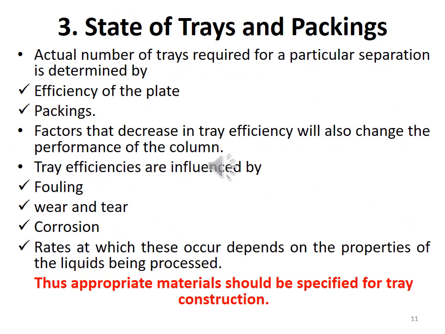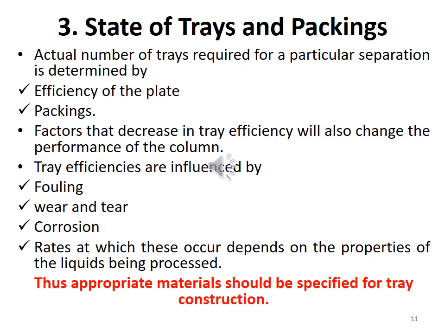State of the trays and the packing is a third parameter which affects the separation efficiency of the distillation column. It is important to mention here that the actual number of trays required for a particular separation duty is determined by the efficiency of the plates.